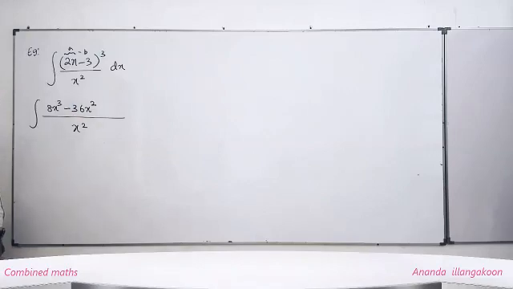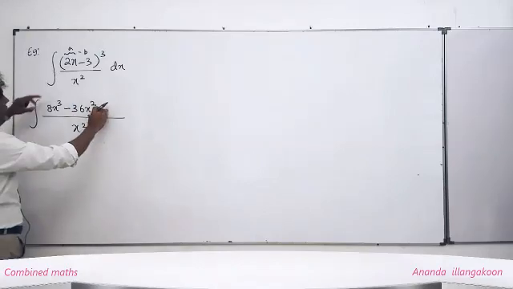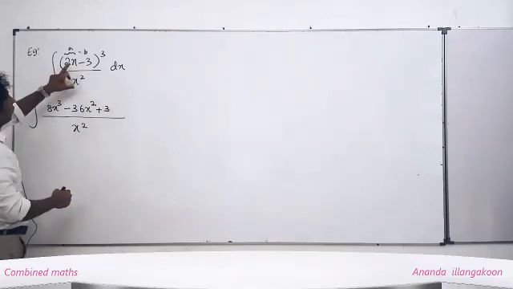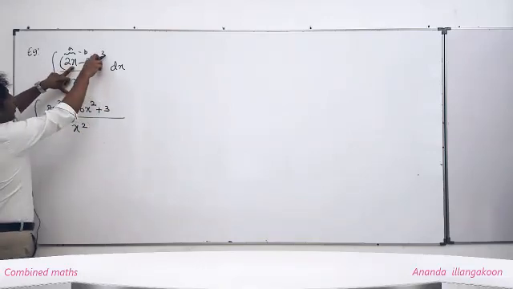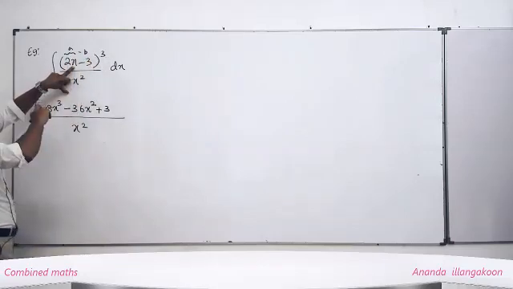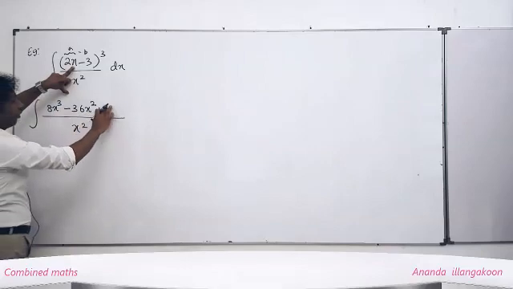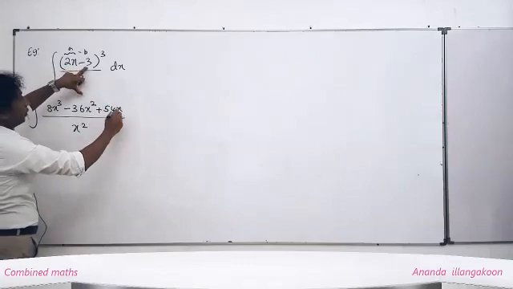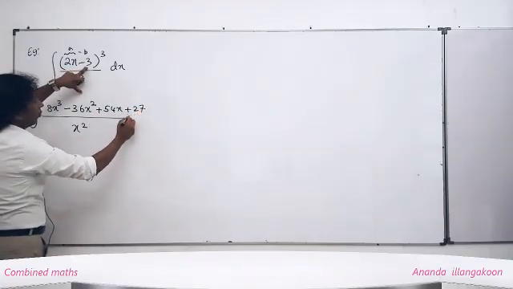Right, now what is next, people? Again plus 3 times this into 3 squared, 9, and 2x is 18x, and this 3, 54x, and 27, 3 to the power 3, no?